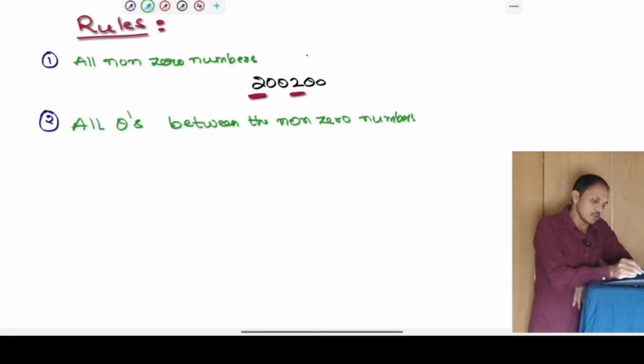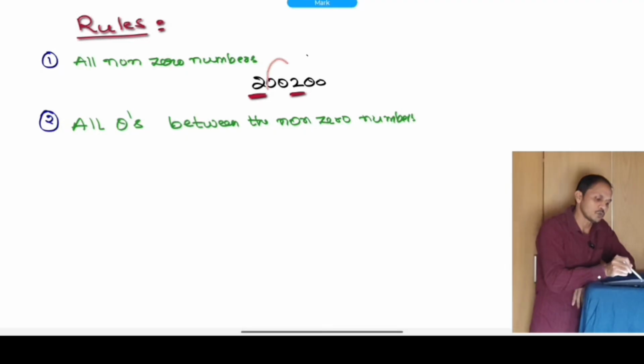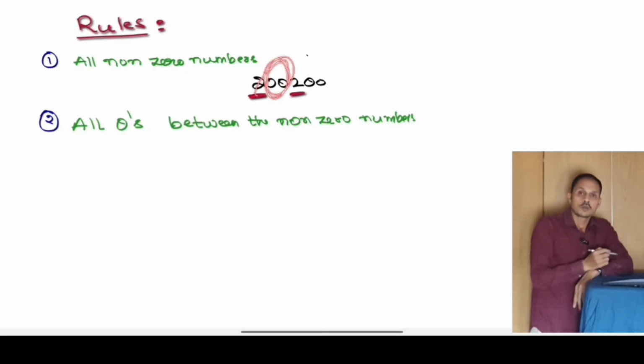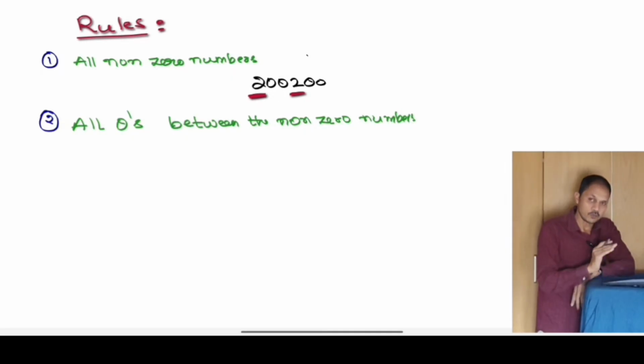So which means in this number, if you see the zeros, this one and this one, these 2 zeros are lying between the non-zero numbers. So they are significant. So far we got 4 significant figures in this given value. And what about the remaining zeros? Let us see.